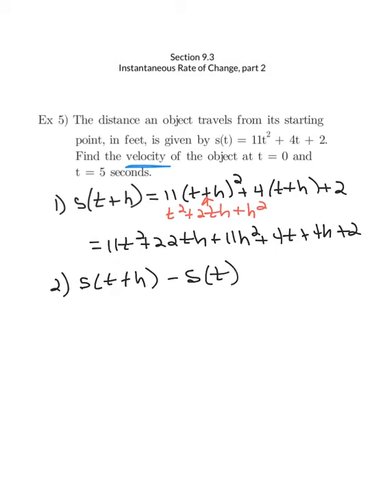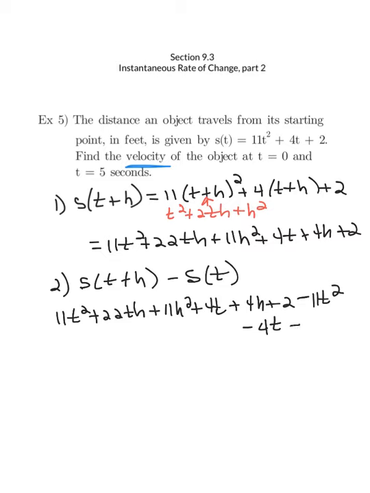So we're going to take our answer from step 1, 11t squared plus 22th plus 11h squared plus 4t plus 4h plus 2, and then we're going to subtract that entire original function. In doing that, we need to change all the signs, so it will become minus 11t squared minus 4t minus 2.